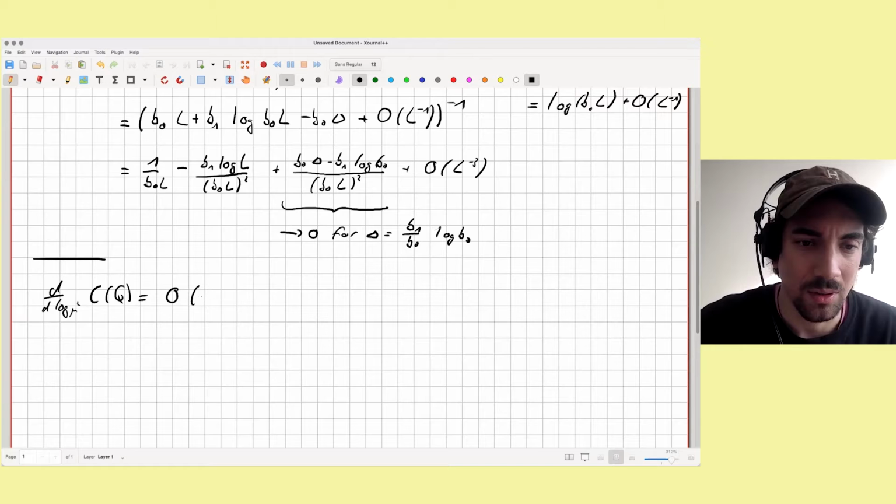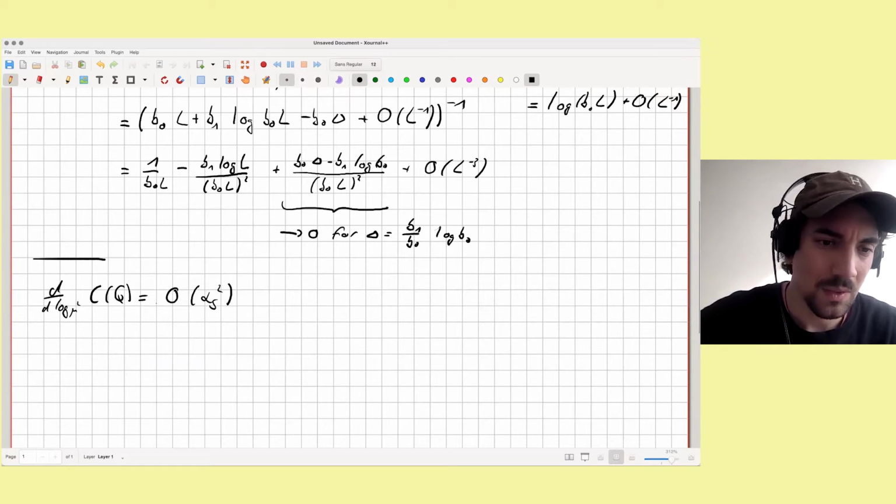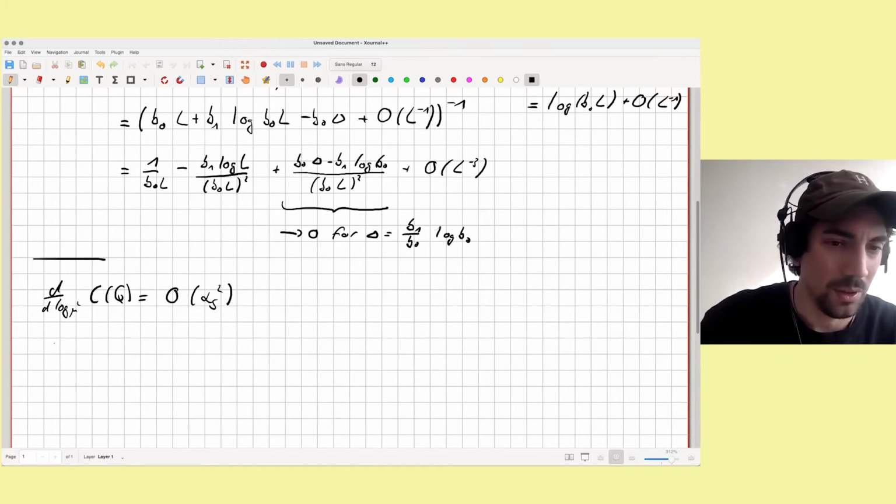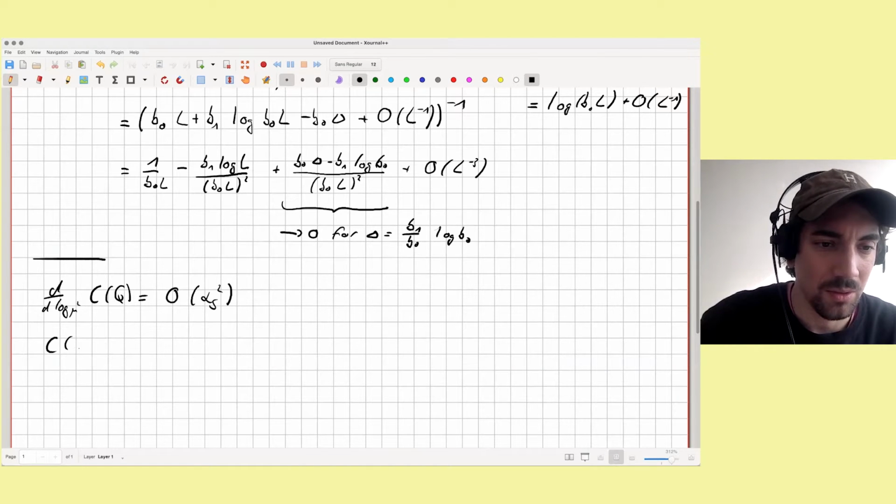So this is of order alpha s squared. I was having a look because we first need the definition.